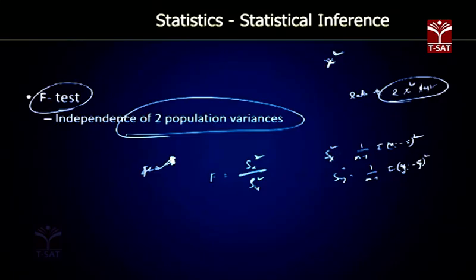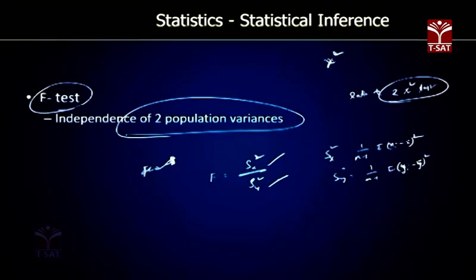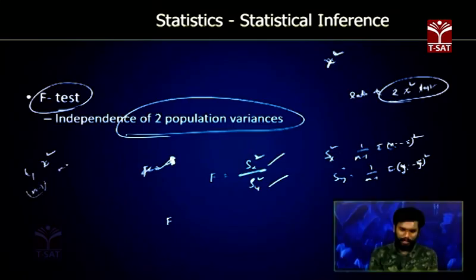Now this F-test is also called the ratio of the 2 chi-squares. So this F-test, and basically till now we have discussed the t-test and the chi-square test, which have only 1 degree of freedom, that is n minus 1 or n minus 2 or n minus 3. That is only one set of degrees of freedom.